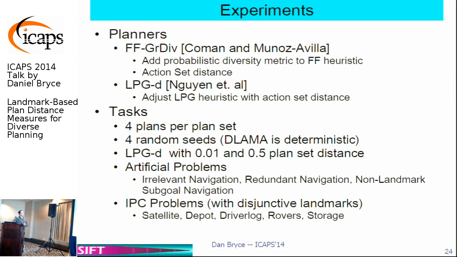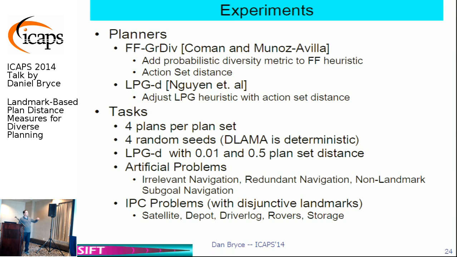So the tasks that are being solved are: each of the planners is asked to find 4 plans per plan set. I also ran experiments with 16 and 64, and the results were pretty similar. Both of these algorithms up here are randomized, but DLAMA is deterministic. So I ran averages of 4 random seeds.